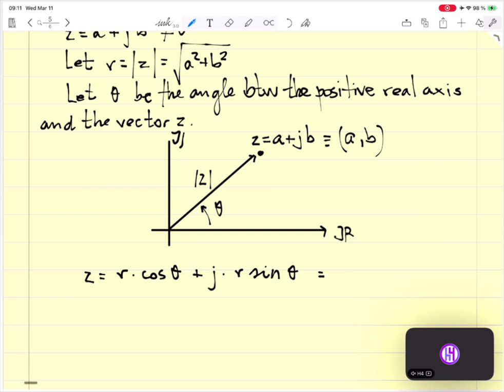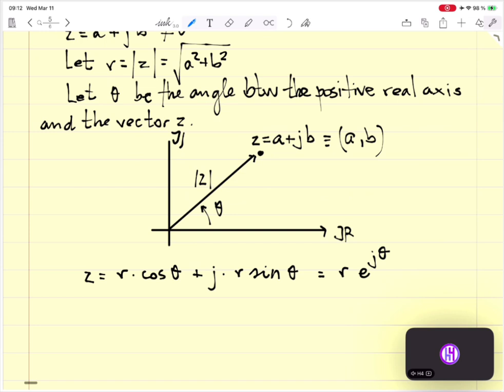Maybe you've heard of him, maybe not. Very important guy. He said this is e to the j theta. Is e related to the exponential? Yeah, e is the exponential. This is Euler's way to write it.